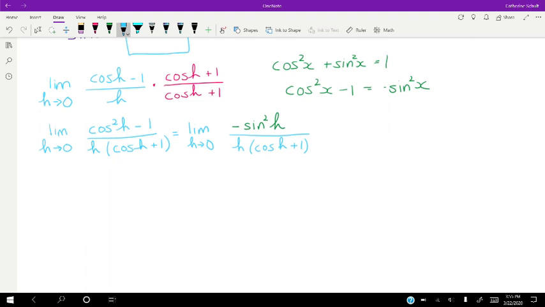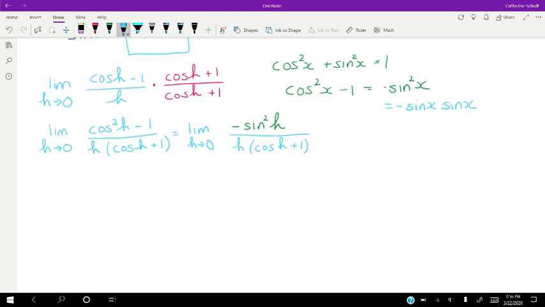Okay, so we still have a 0 over 0 situation, right? So this is what we're going to do. We're going to separate sine squared into 2 copies of sine. Here, some scratch work: this is like sine x times sine x. That's what sine squared is.